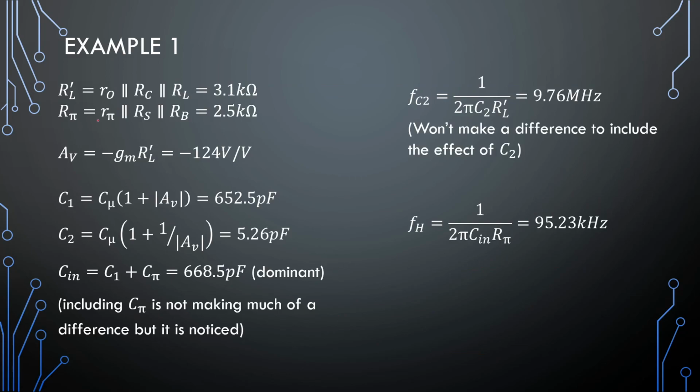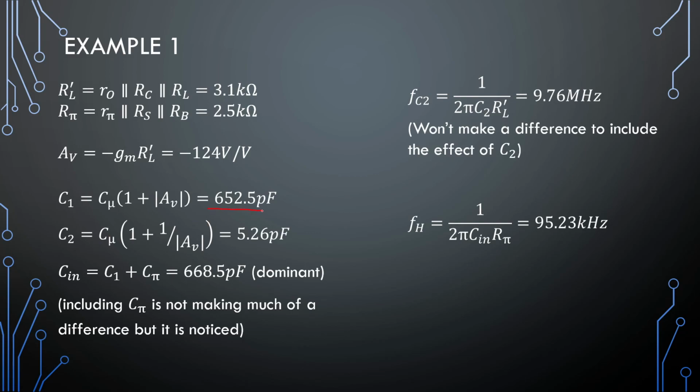Right, so if we calculate our R pi and R load, we get 31 kilo ohms and 2.5 kilo ohms. From that we can determine our gain, because we already have a transconductance, as minus 124 volts per volts. Then we can take our C mu of 5.22 picofarads and find our C1 and C2 value.